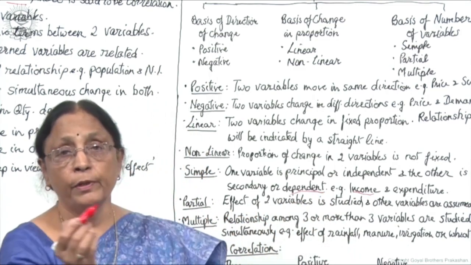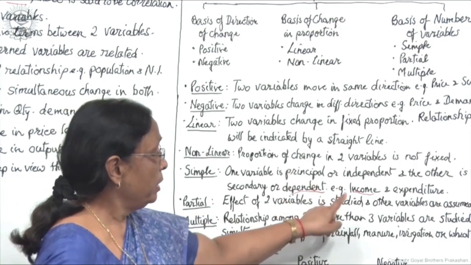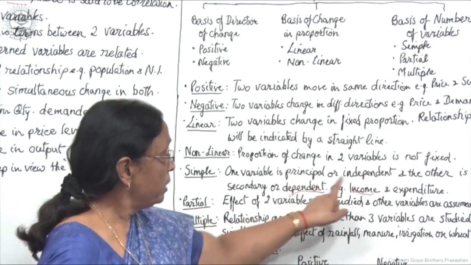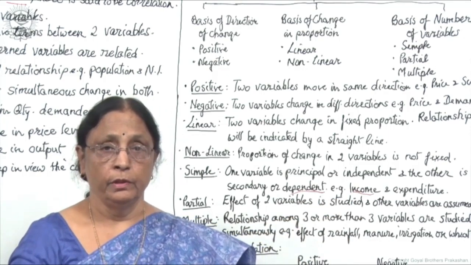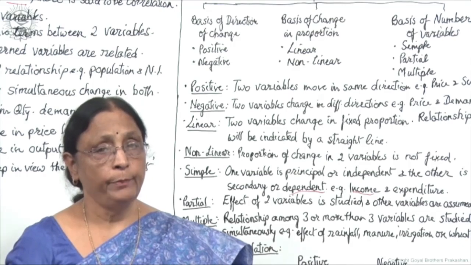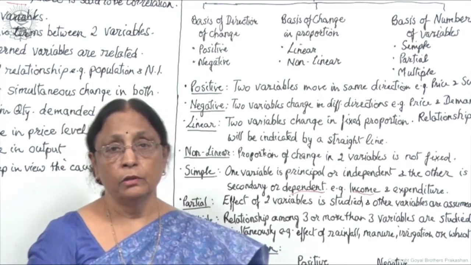This is simple correlation. One variable, income, is independent, but the other, expenditure, is dependent on income. This is known as simple correlation.